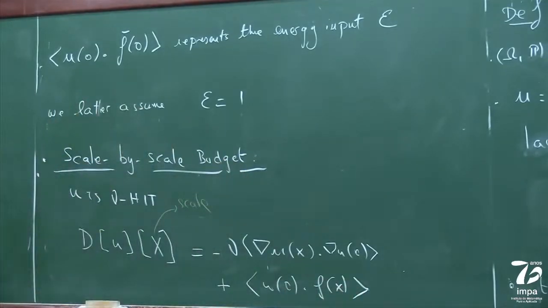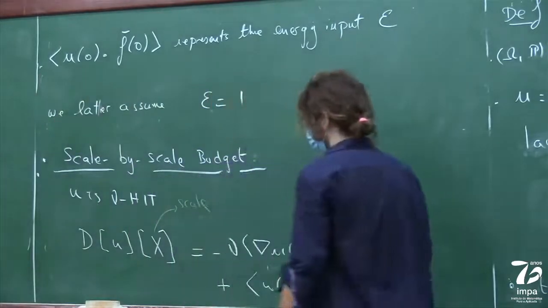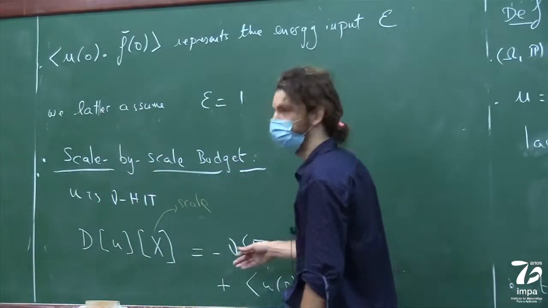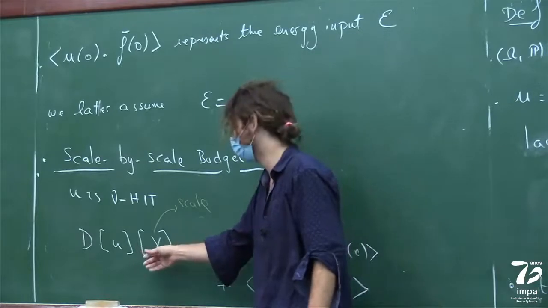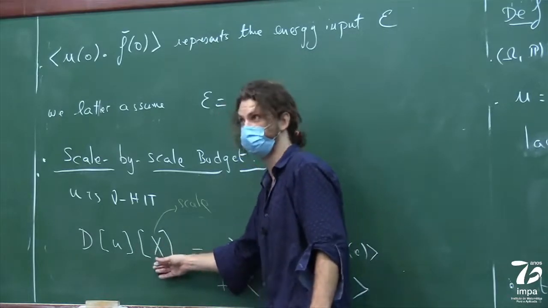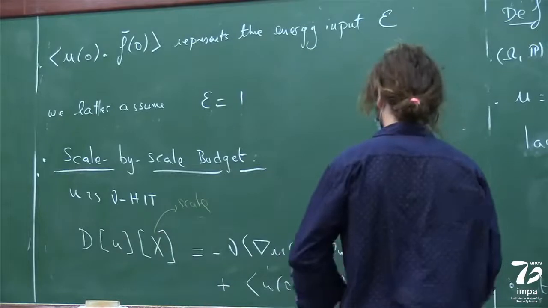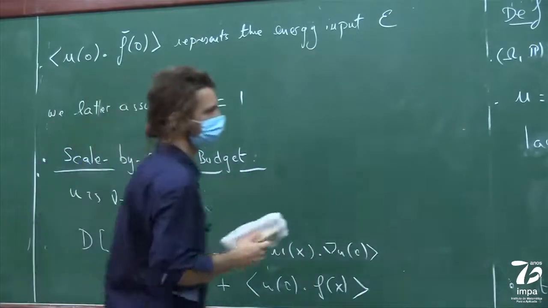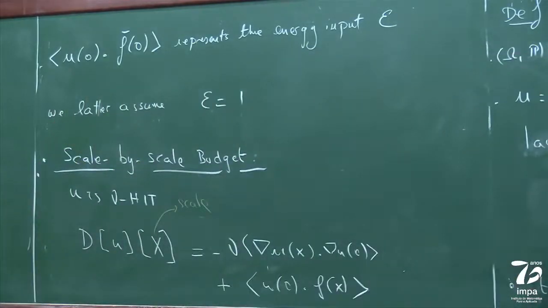Okay. Now this is a triviality unless we specify what D(u)(x) is on the other side, and this guy is a complicated functional.